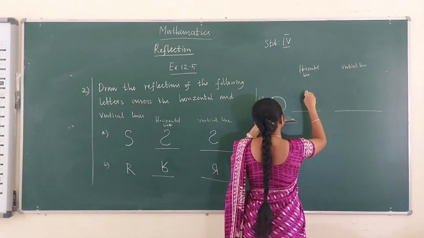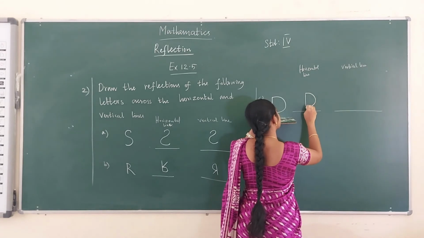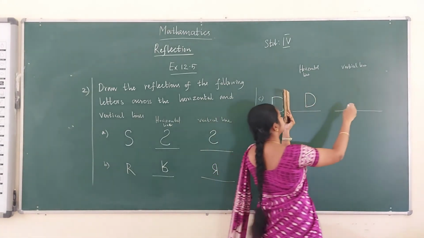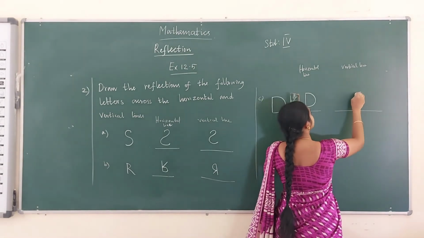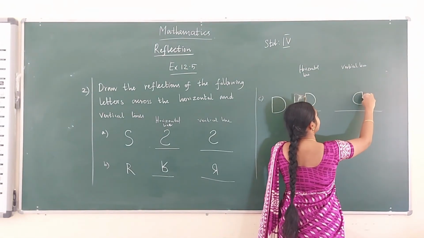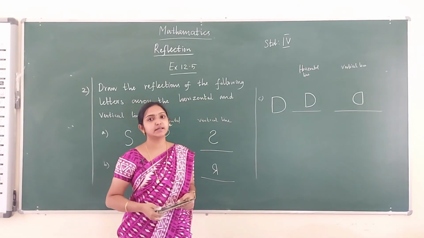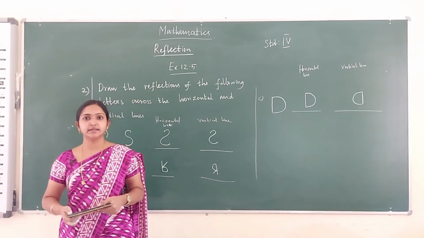For horizontal line, the reflection is like this. For vertical line, the reflection is like this. In the same way, you have to place the mirror and complete the remaining.